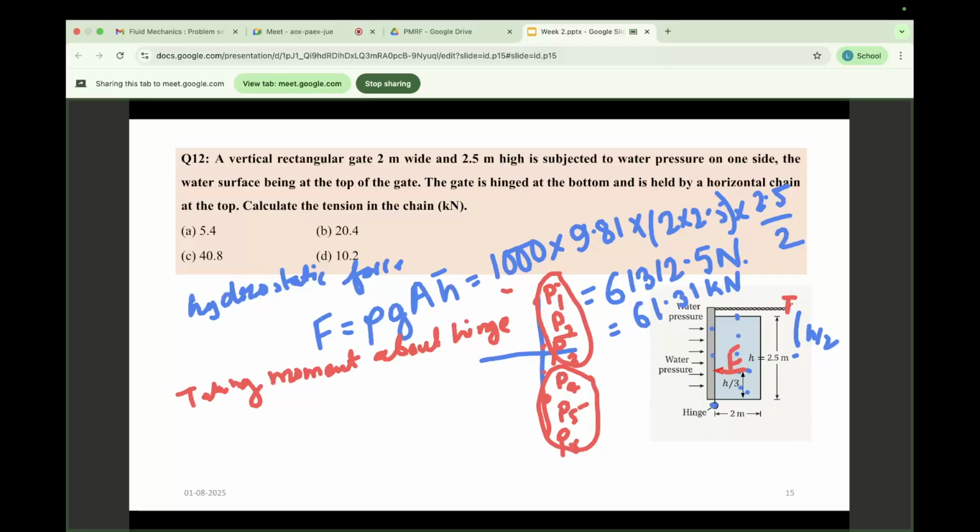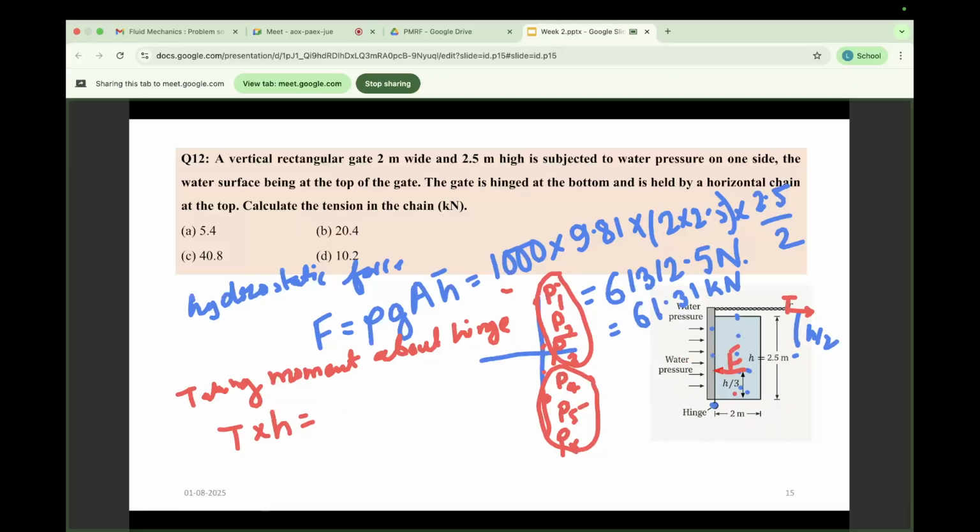See, this T force is at how much vertical distance from this edge? T is applying in this direction and it is at a vertical distance of h. So I can write the moment about the hinge is T into h. Moment means force into perpendicular distance. That's why it is T into h.